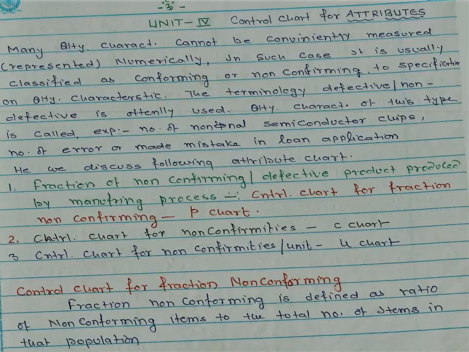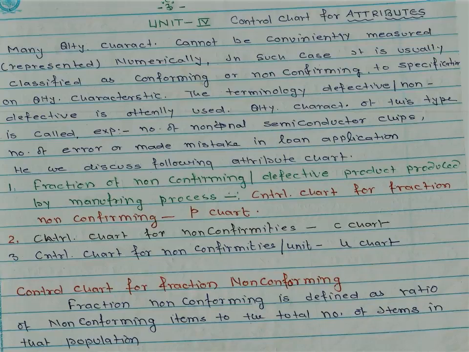Here we discuss the various attribute charts. The first one is the fraction of non-conforming or defective product produced by the manufacturing process. This type of chart is popularly named the P chart. Another chart is the control chart for non-conformities.